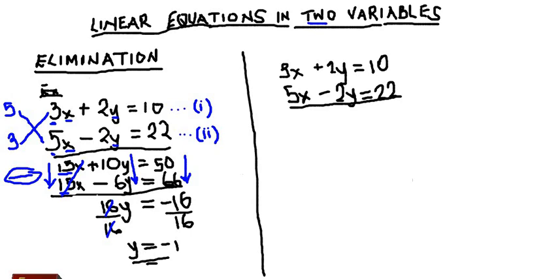After deciding that we should eliminate the variable y, the next step is to look at the coefficients. Are they the same or different? In equation 1, the variable y has a coefficient of positive 2. In equation 2, the variable y has a coefficient of negative 2. So we have a 2 in equation 1 and a 2 in equation 2, which means the coefficients are already balanced. There will be no need to swap the coefficients.